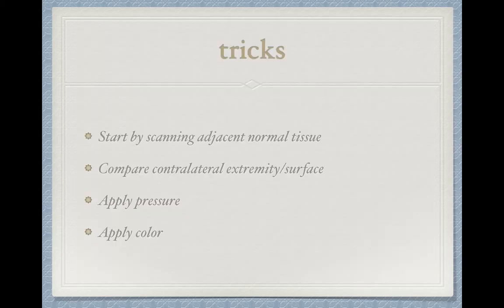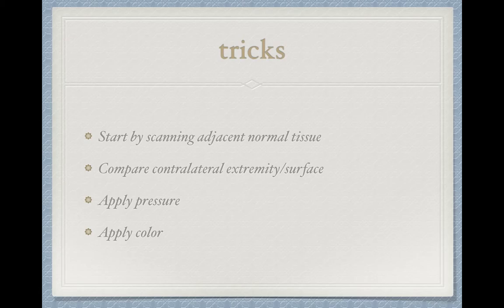So just to end on a couple of tricks. If you're ever confused or want some more information, just scan the adjacent normal tissue, or if you're looking at an arm, look at the opposite arm at the same spot and compare your soft tissue findings. Remember that cobblestoning is not always cellulitis. It can be just edema as well as anaphylaxis or allergic reaction.